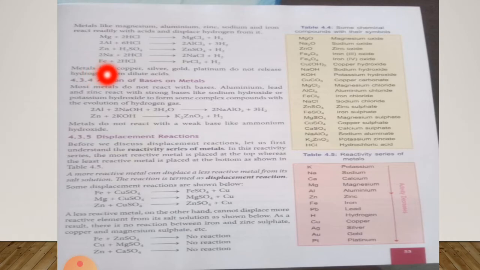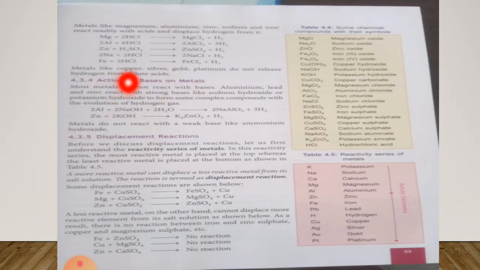Now the next, iron reacts with hydrochloric acid, iron chloride forms with hydrogen gas. So metals like copper, silver, gold, platinum do not release hydrogen from dilute acid. As we have understood earlier that metals like copper, silver, gold and platinum are the noble metals and they do not react with acid and hence they do not release hydrogen gas.